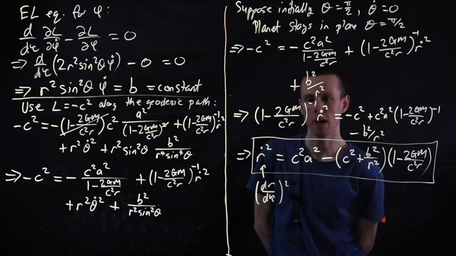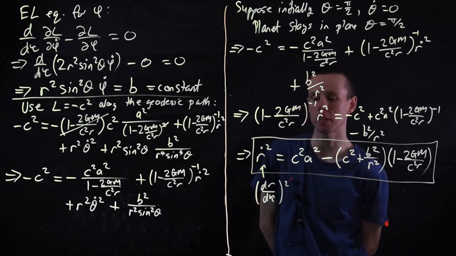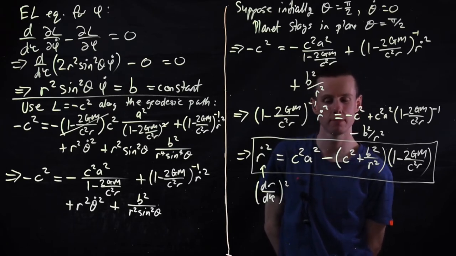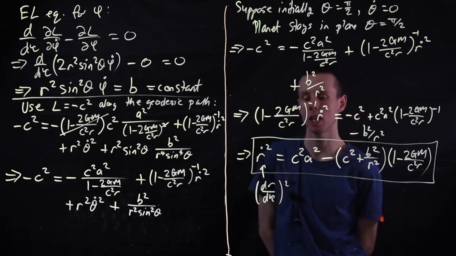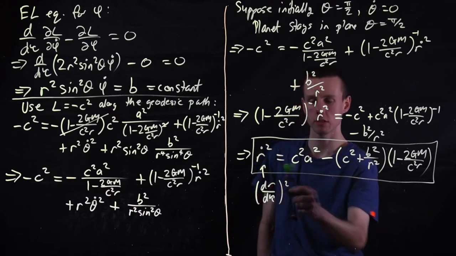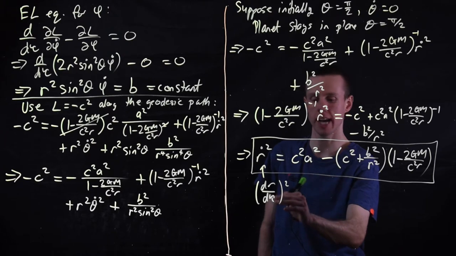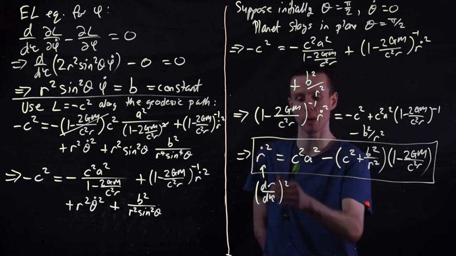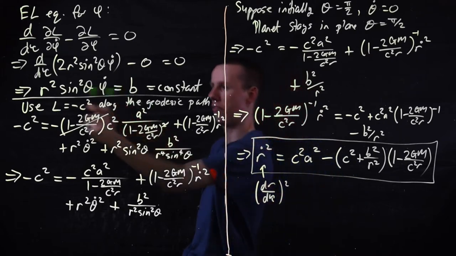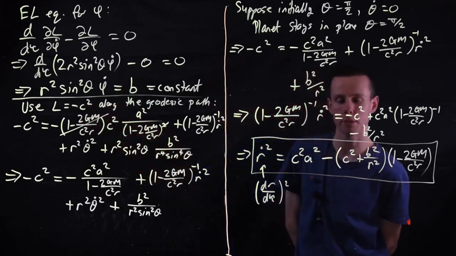Well, what it's actually best to do is change your parameter. At the minute we have an expression for r as a function of the proper time tau. So this is a differential equation for r in terms of proper time tau, and we have a differential equation for phi in terms of proper time tau.